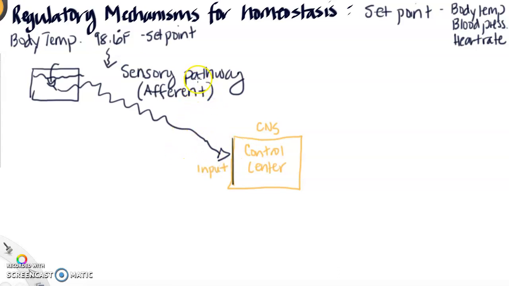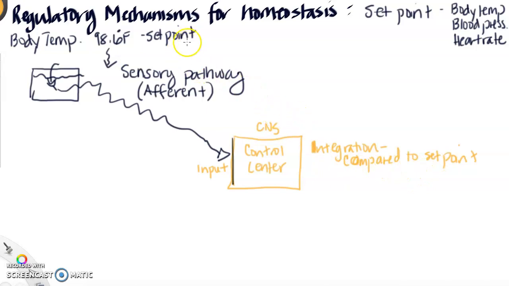The sensory information goes into the control center, and it is integrated. So this is also an integration center. So integration is where this information is now being compared to the set point.